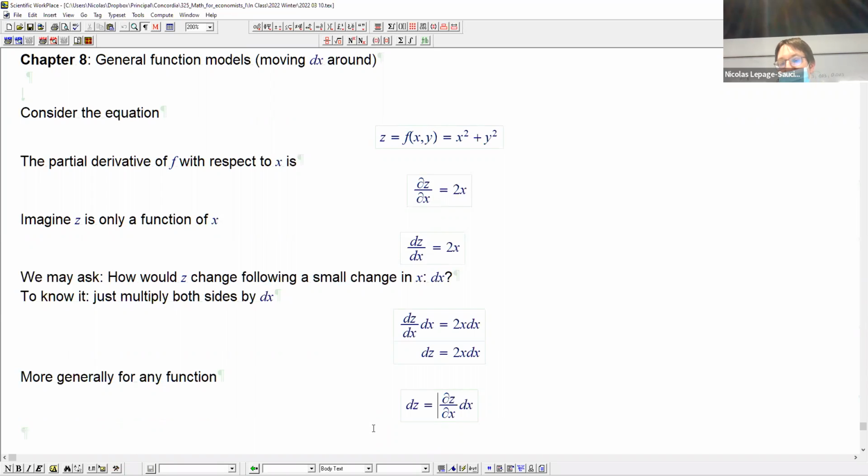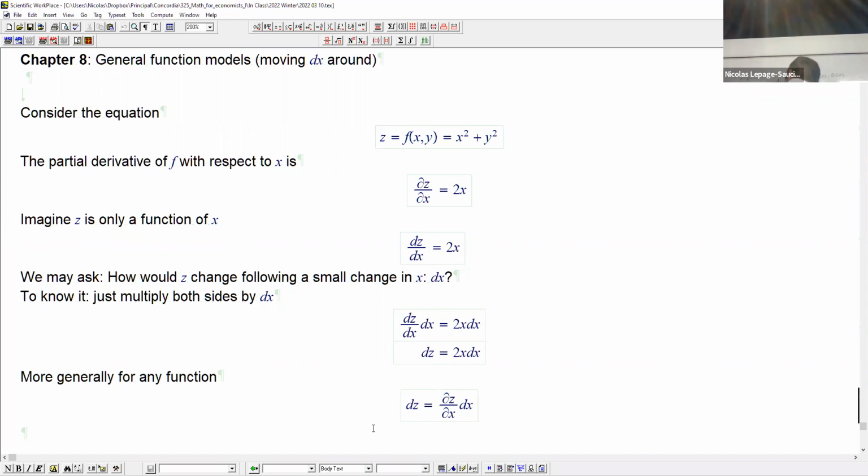This just means that if I'm at some value of x and some y, but it doesn't matter here, and I change x by some small amount, then how is z going to change? Well, it's going to change by dx multiplied by the derivative at that point.